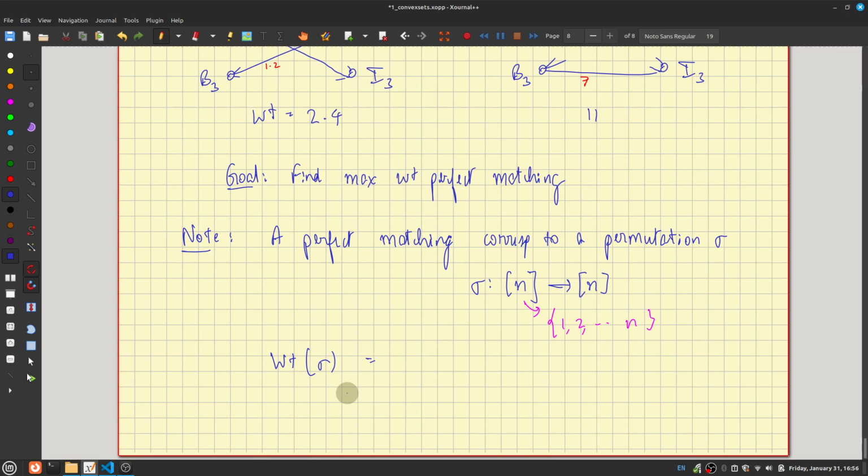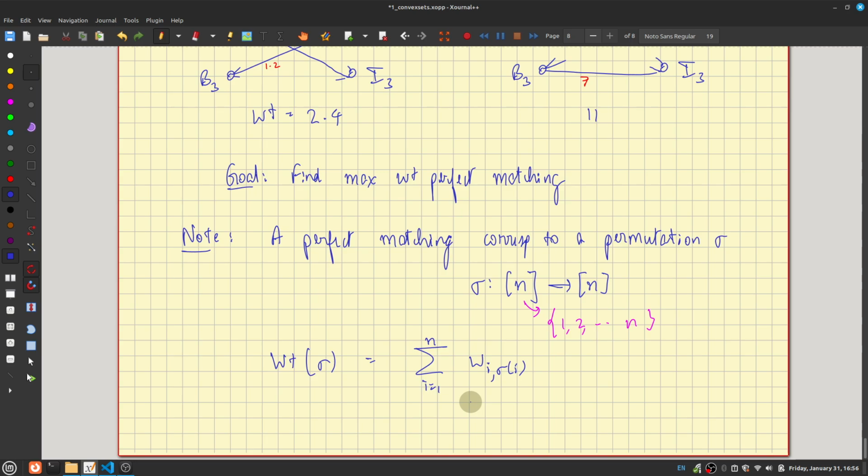So the ith vertex on the left is connected to the sigma(i)th vertex on the right. So it is the summation for i equal to 1 to n of W_{i, sigma(i)}. Very good. So this is the weight of a particular matching or a particular permutation. And the brute force approach is basically you just look at all possible matchings and then try to find the one with the largest weight.